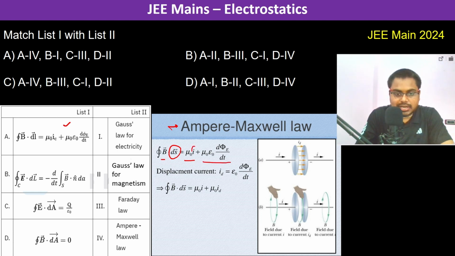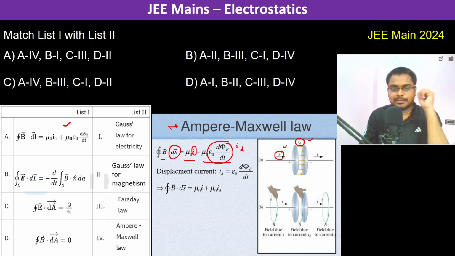This I is conduction current, and this entire thing is displacement current, which is id. So therefore the first one is Ampere Maxwell law.